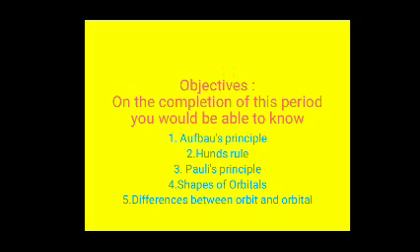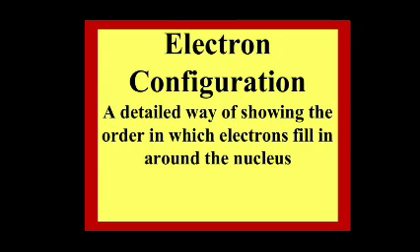These three rules explain the arrangement of electrons in orbits. And also different types of orbitals are available: s orbital, p orbital, d and f orbital. Differences between orbit and orbitals.